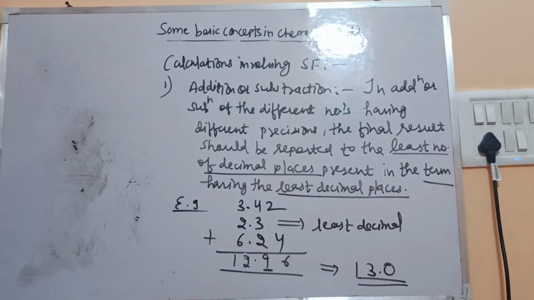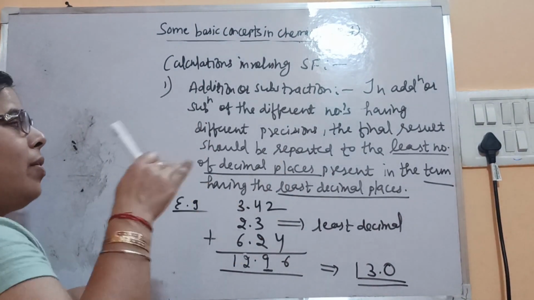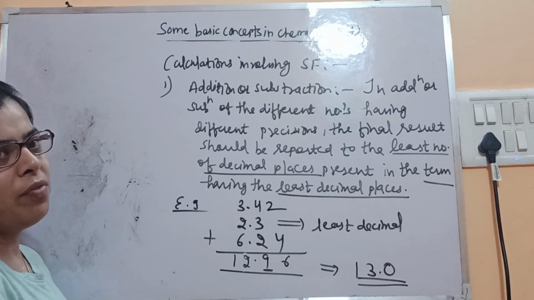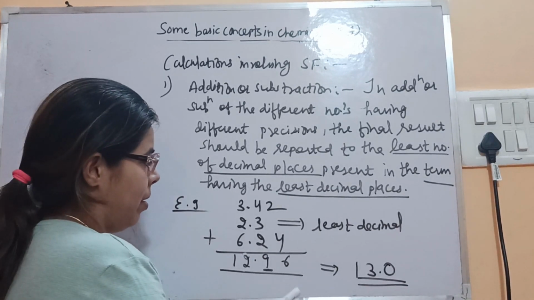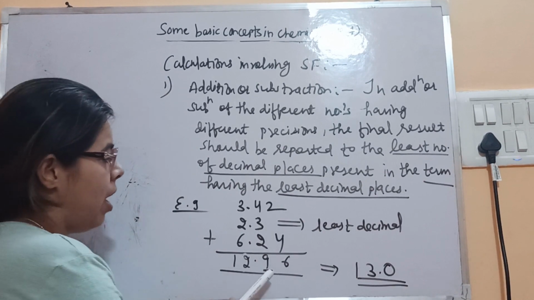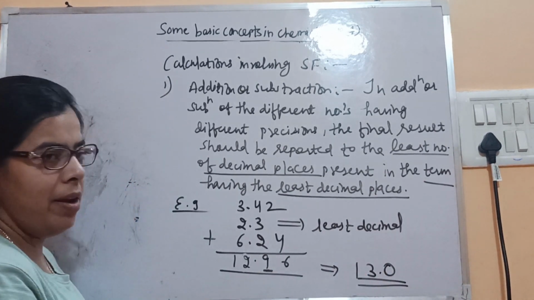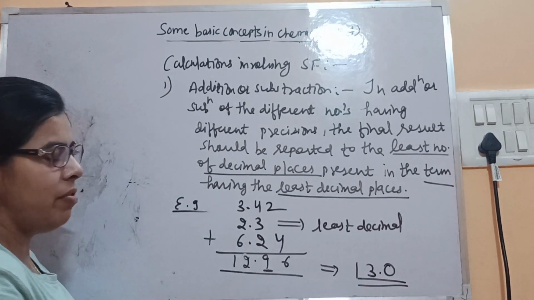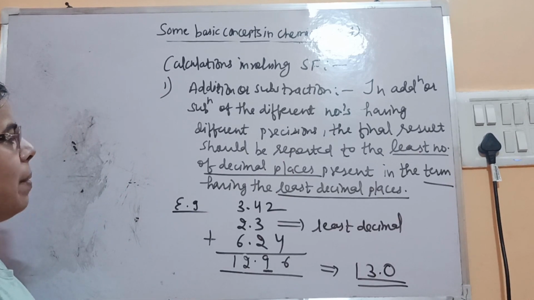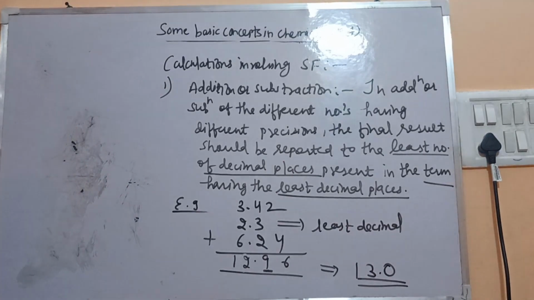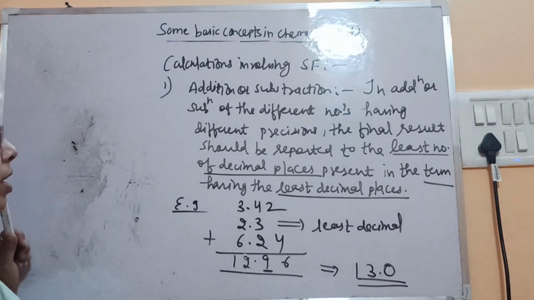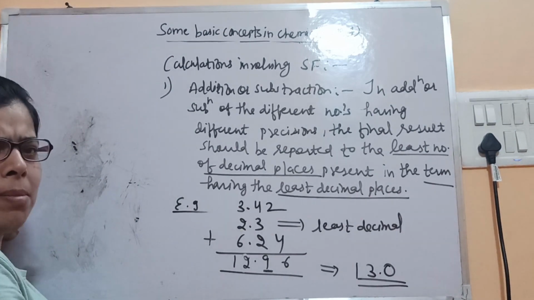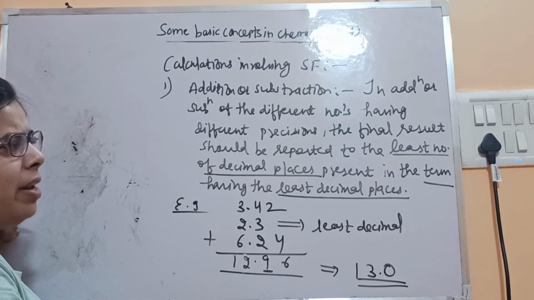Now let's see how. Here we'll introduce another factor: rounding of the digits. You will be thinking how this 13 has come, where we have dropped these digits. So now let's see the concept of dropping of the digits, rounding off. Here we have rounded off. You do this in mathematics also, and that also requires certain rules.